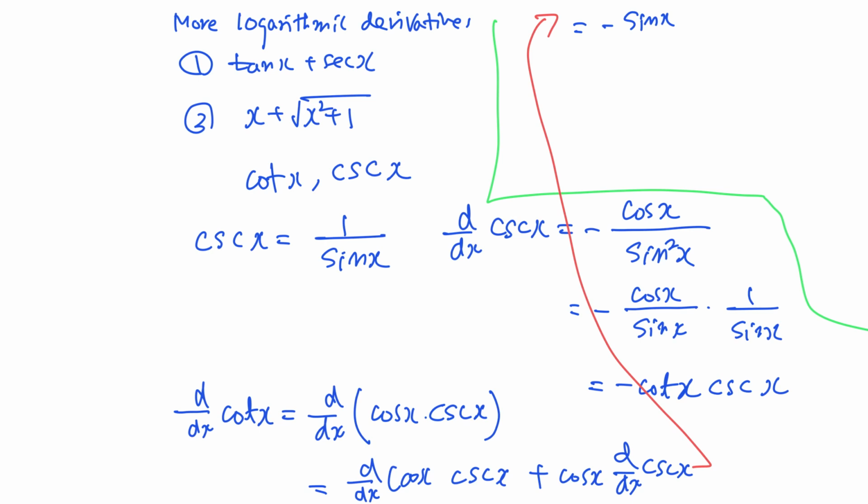And times csc x, minus cosine x times cotangent x csc x, right?